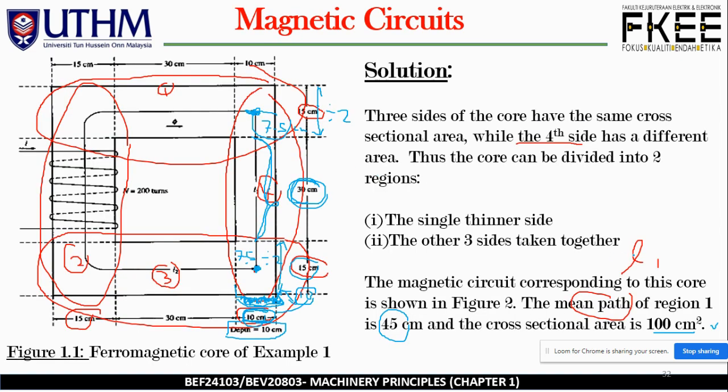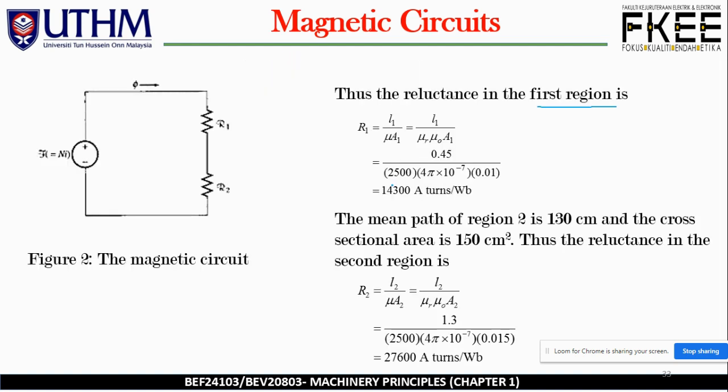Here, this is L1 or R1. The blue one is R1, region 1. So R1 is equal to, going back to our previous equation, L1 over mu A1. Expand the equation, because we know that mu equals mu R mu naught. Substitute into here, and then we have A1.